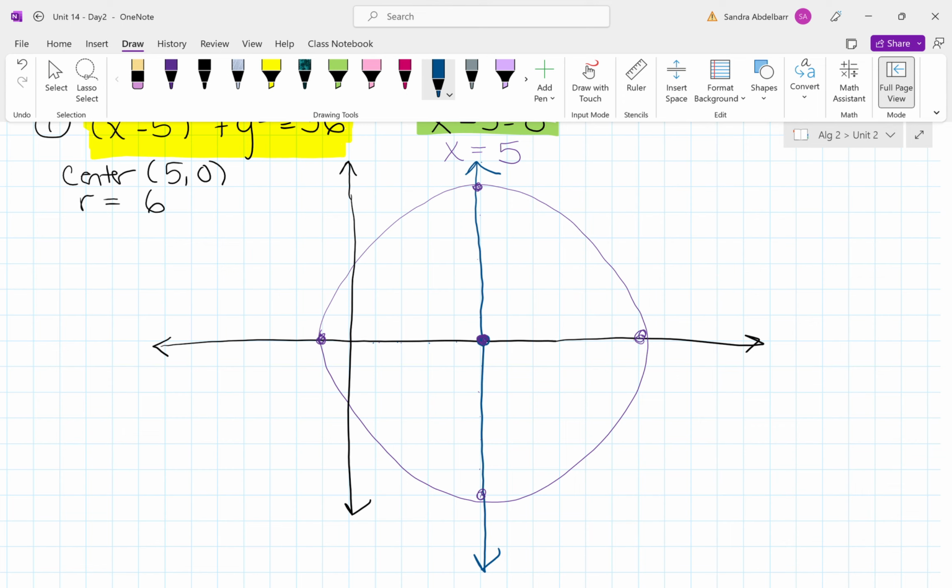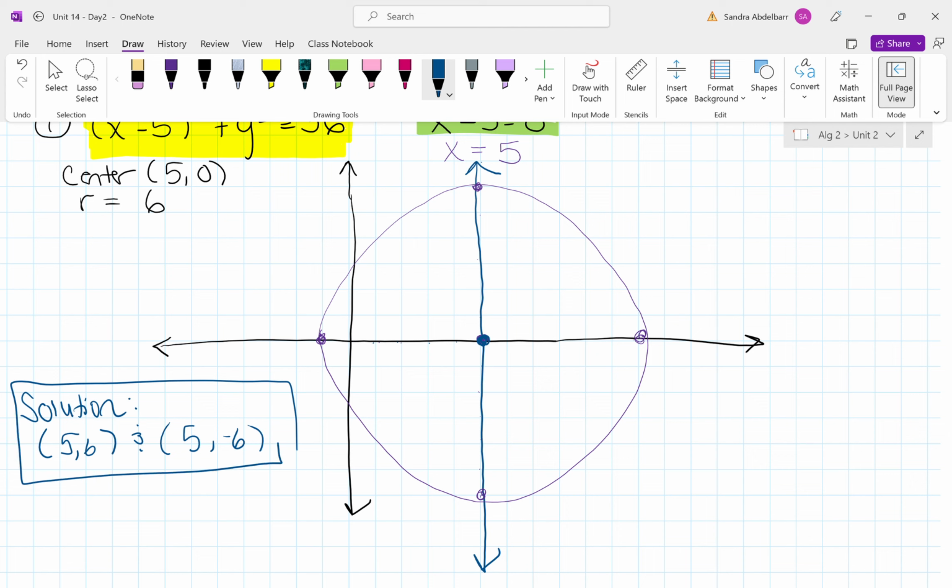In 2 locations. So the solution to this system is the point 5, 6 and the point 5, negative 6. It's where our line touches the circle.